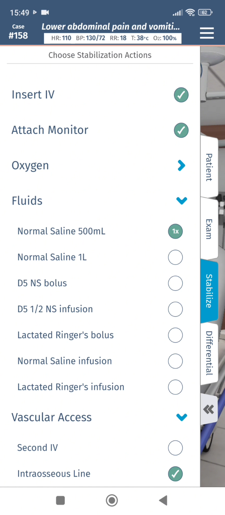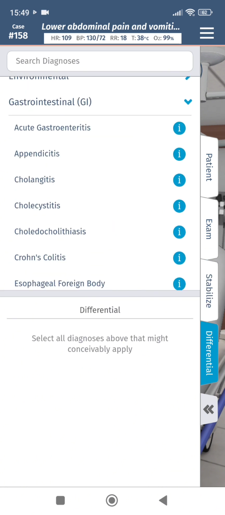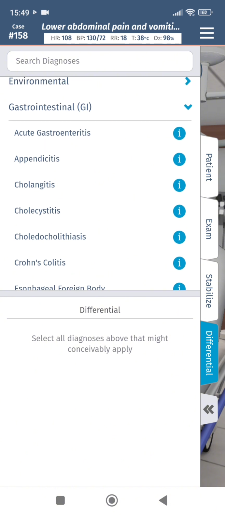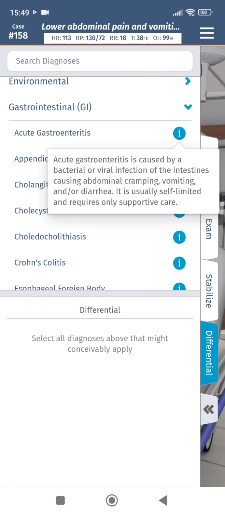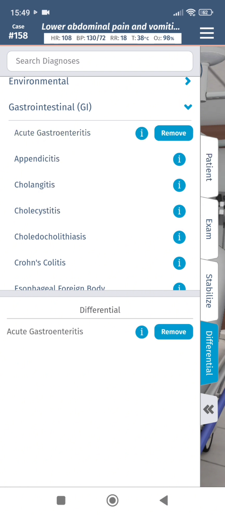So this is a scenario in which you can manage a patient in an emergency condition, and it's very good for examinations like PLAB 2. So we'll go for the differential portion, and we'll go for gastrointestinal. The first differential diagnosis I'm suspecting is acute gastroenteritis, because the patient has abdominal pain and vomiting.